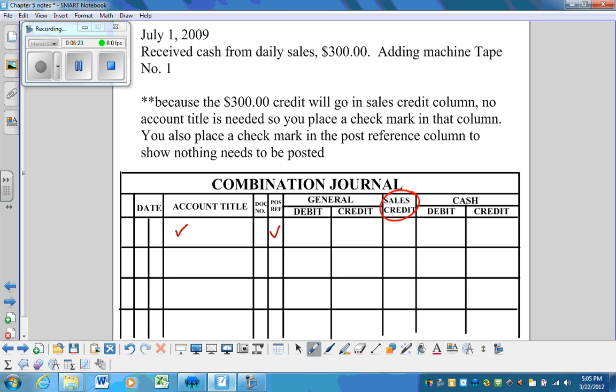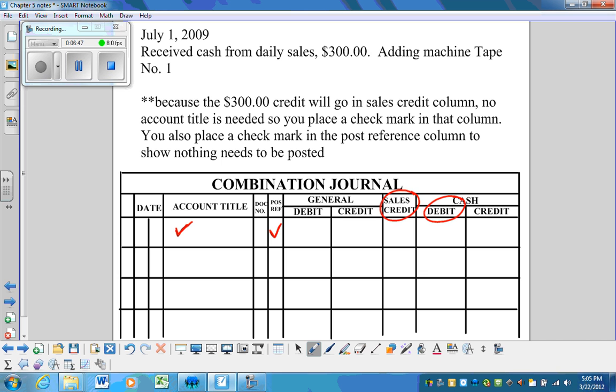We're dealing with the cash debit and sales credit. So this transaction actually has 2 special columns, so you don't need to use the account title column, so you put a check mark in there. And in the post reference column, when we get to that part, you won't need to post, so for this, you're also going to put a check mark in there.